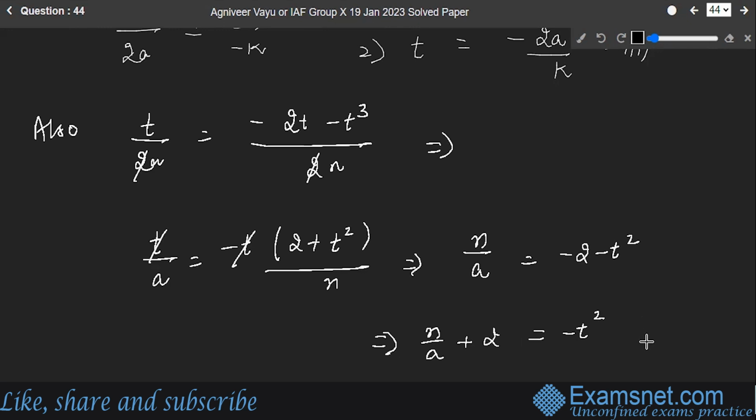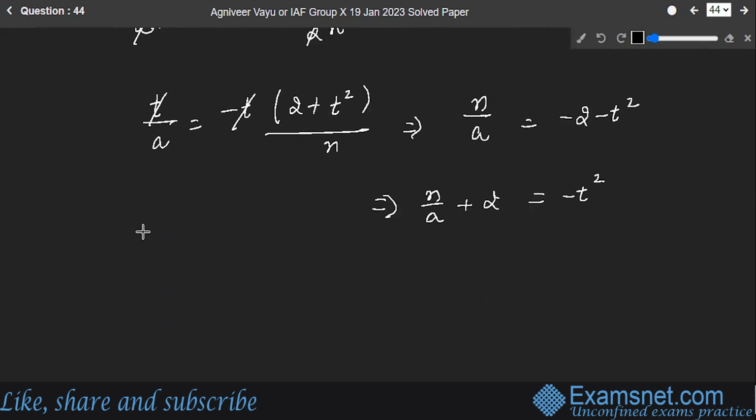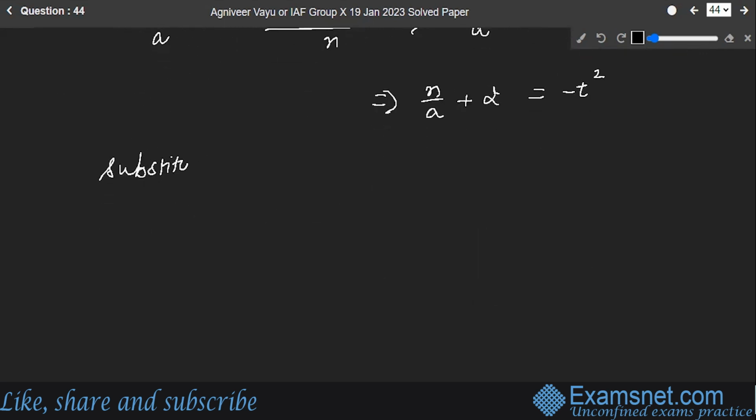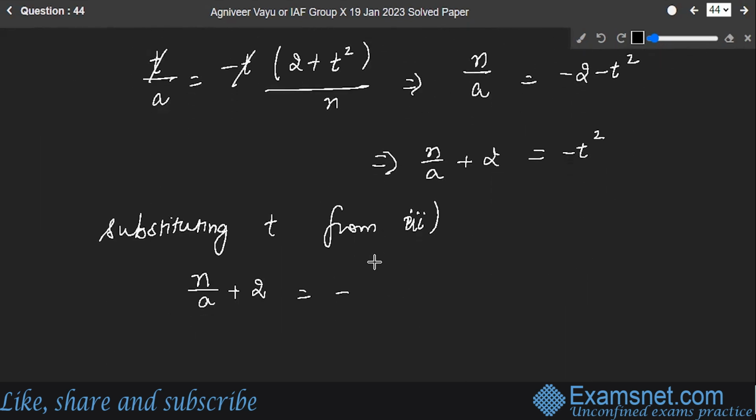Now substituting t from equation 3 into this equation, you will have h upon a plus 2 is equal to minus of what was t over there, (-2a upon k) squared.